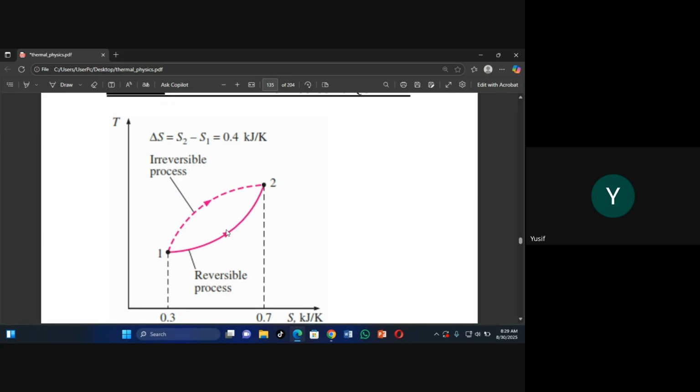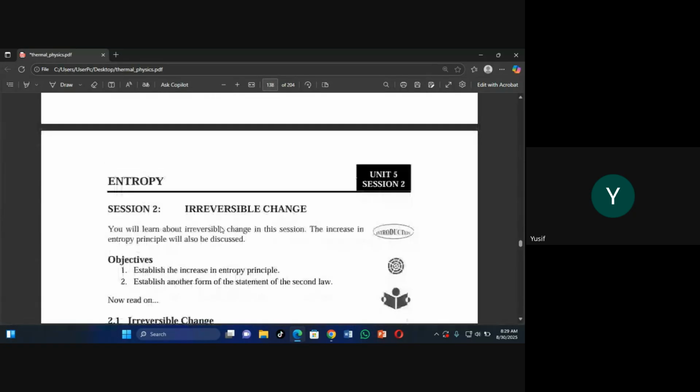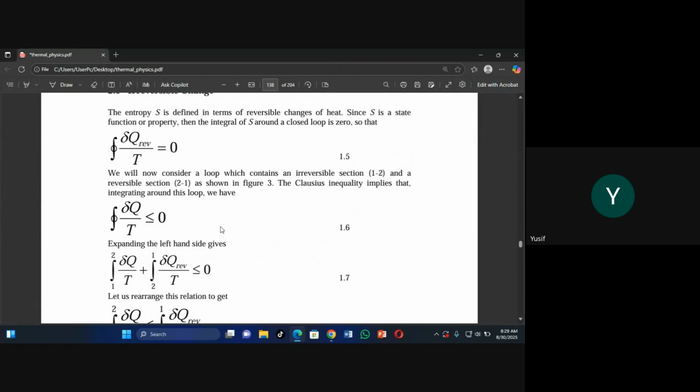The reversible is the downmost one, and the irreversible is the uppermost one. Okay. The Clausius inequality implies that integrating around this loop, we have that the integral of dQ over T is less than or equal to 0.